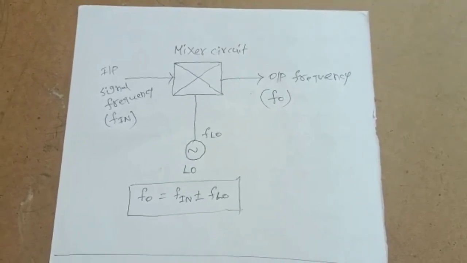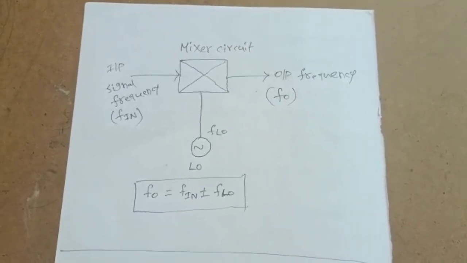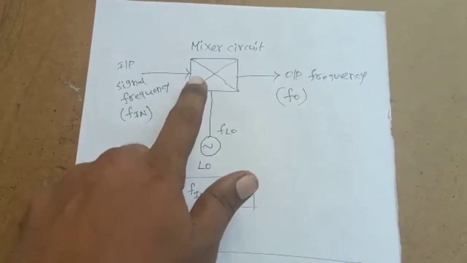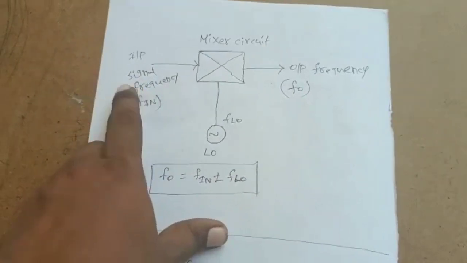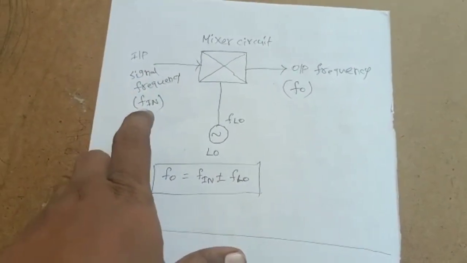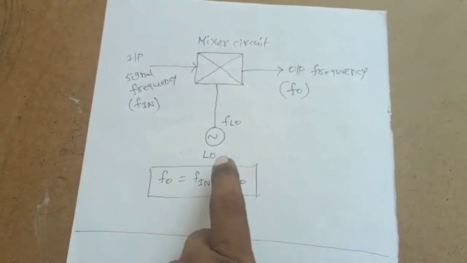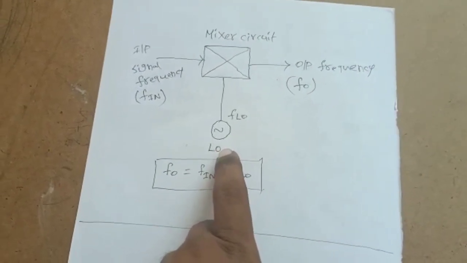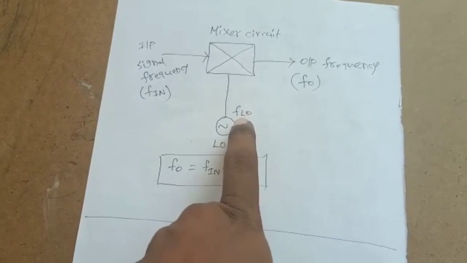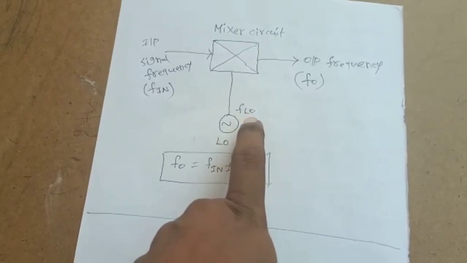Just have a look at this mixer circuit concept. This is the mixer circuit, and here it is input signal with frequency Fin, and here this is called local oscillator. Local oscillator is going to generate some signal with some frequency FLO.